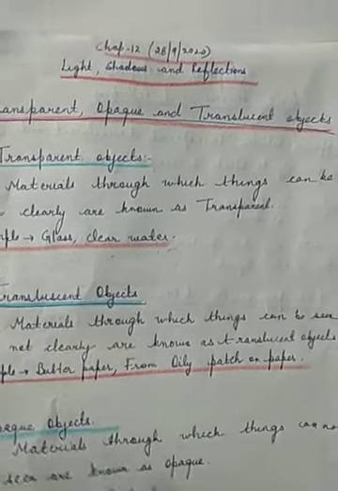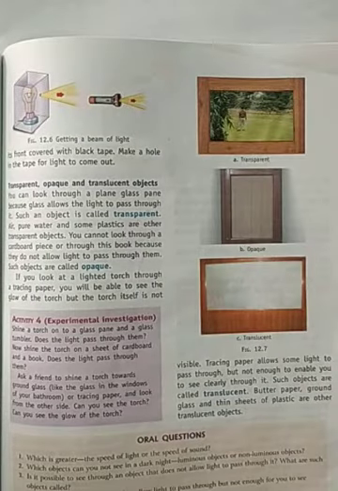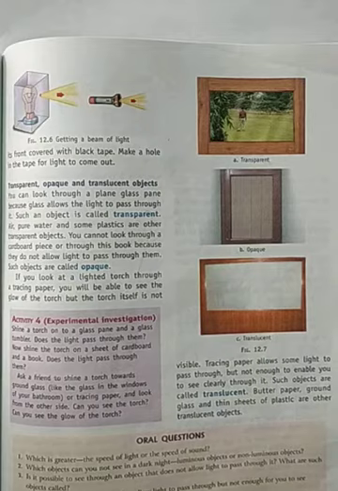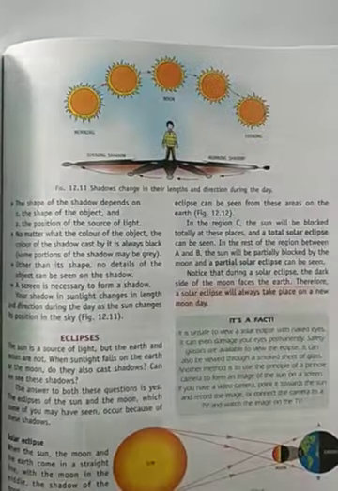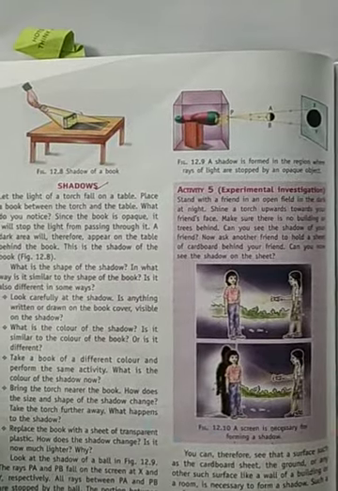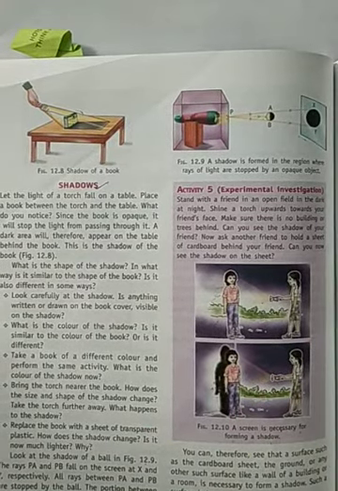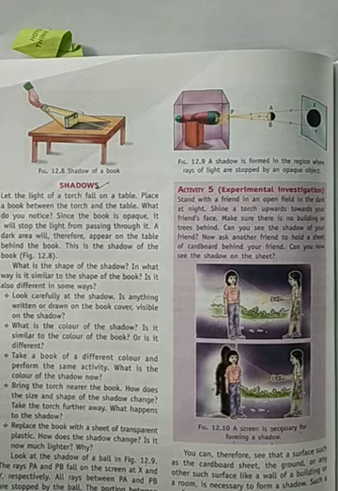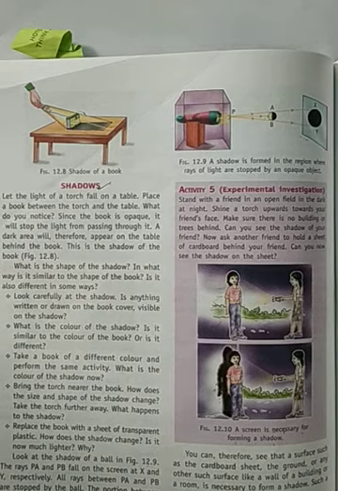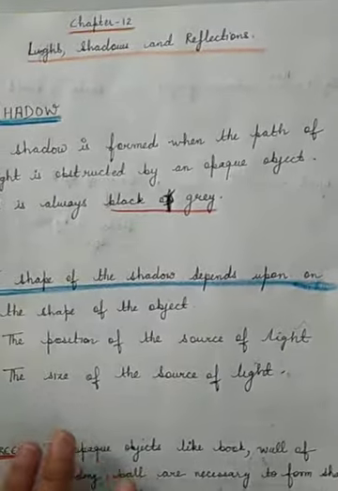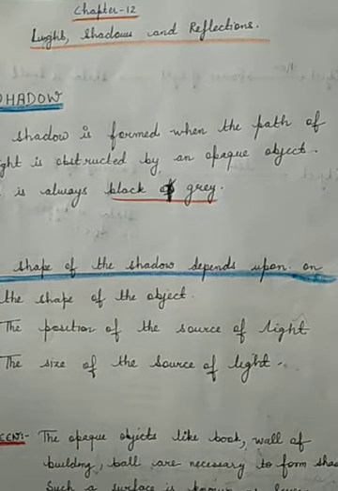Now we will talk about the shadow. So what is a shadow? And this is given on page number 142. If you will open this page number 142, they have written about the shadow. So first I am explaining you the definition of shadow.